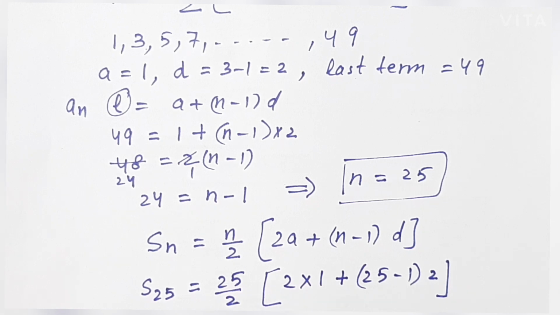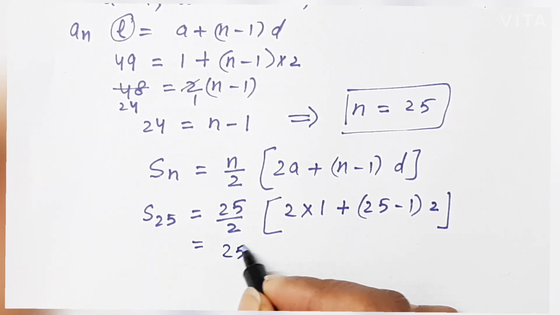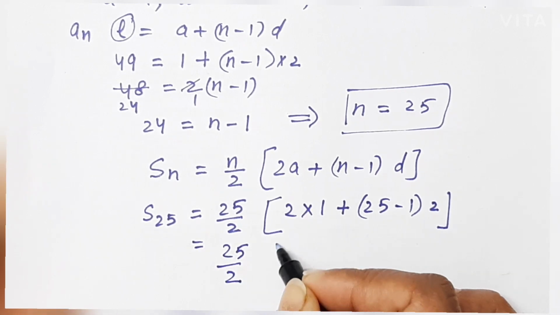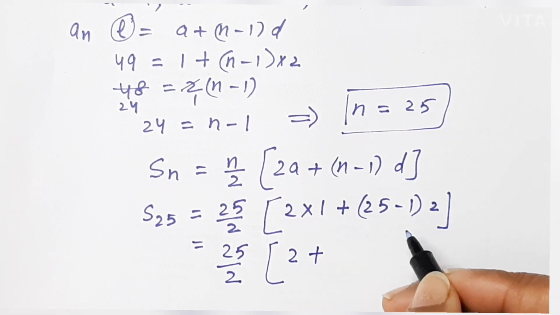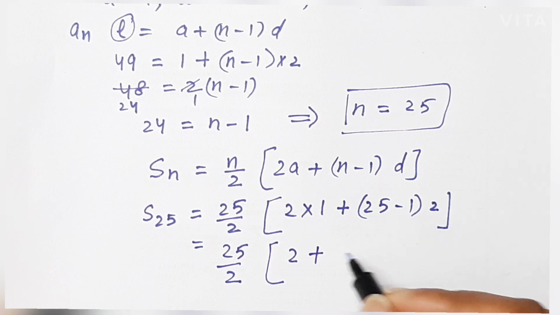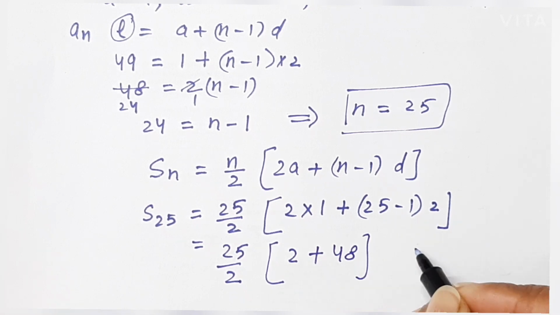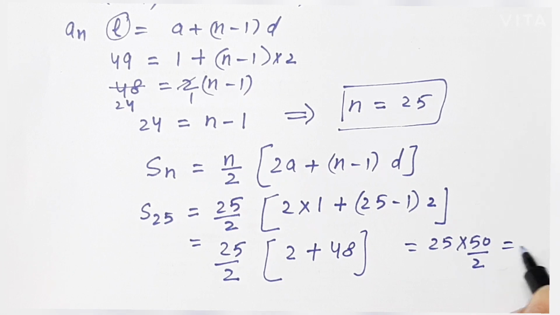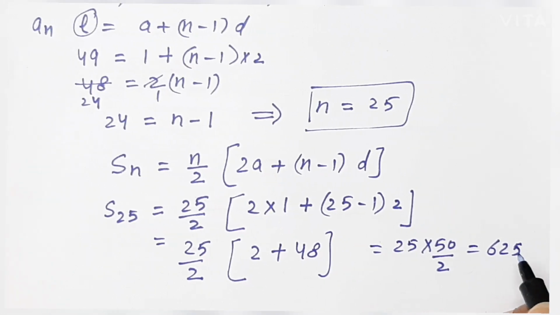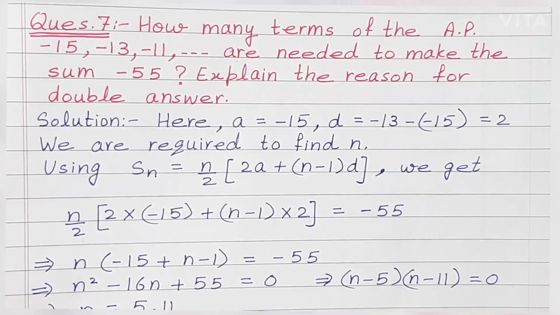So this is equal to 25 upon 2, then this is 2 plus, now 25 minus 1 is 24 and 24 twos are 48. Now 48 plus 2 is 50. So it is 25 into 50 by 2. So the answer is 625. Clear?